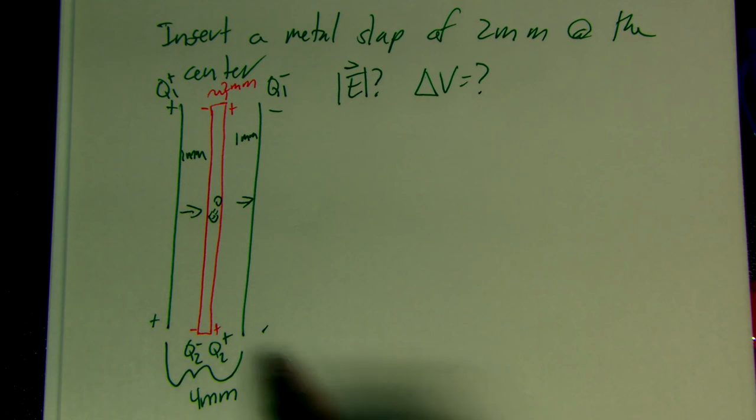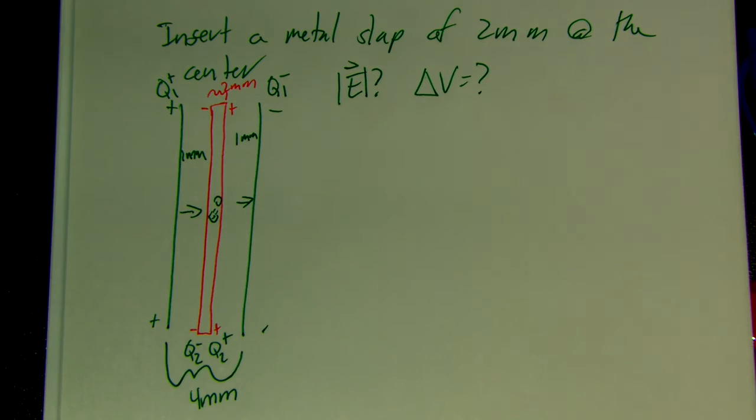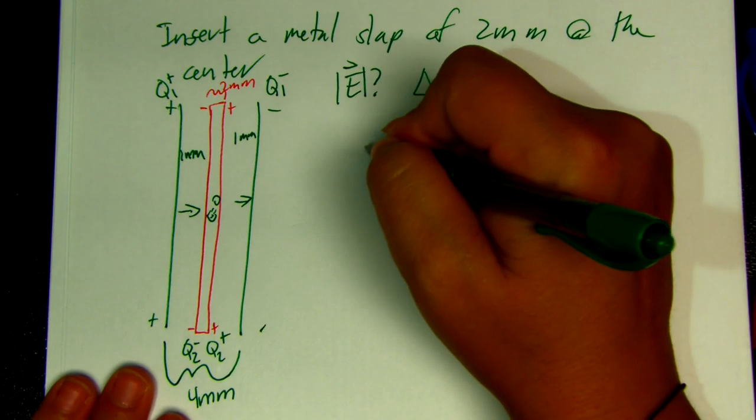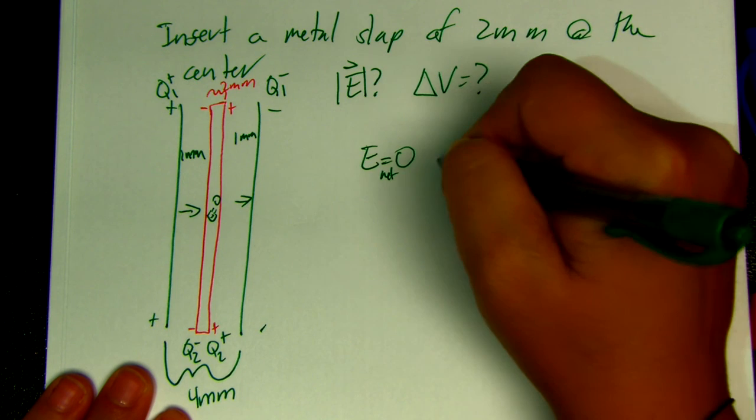First we need to deal with the charges on the new metal plates. We know that the slab is polarized, the metal's in equilibrium, and so the net field inside the slab is 0.